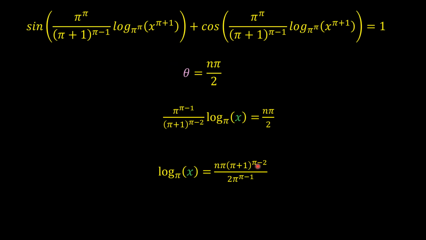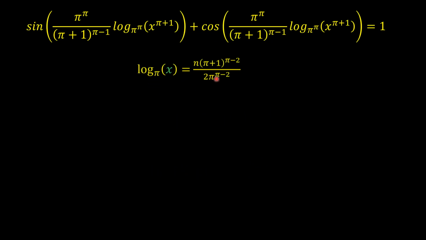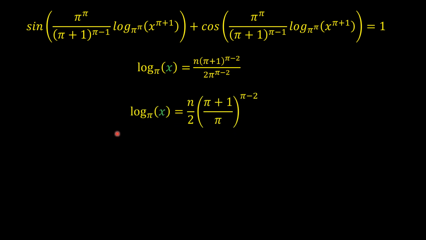We see that from here, I'm going to send this pi down here with the negative power, right? So we're going to have here pi to the pi minus 2 here. And now you see that they have the same powers here, and then I'm going to divide these bases and keep the power. So it will be n over 2 and n plus 1 over pi, all to the power of pi minus 2. So that's what we got here.